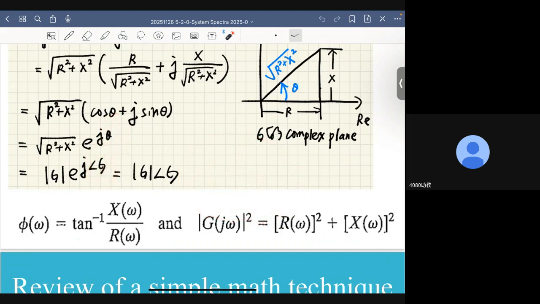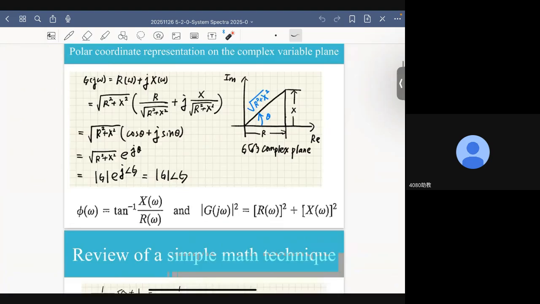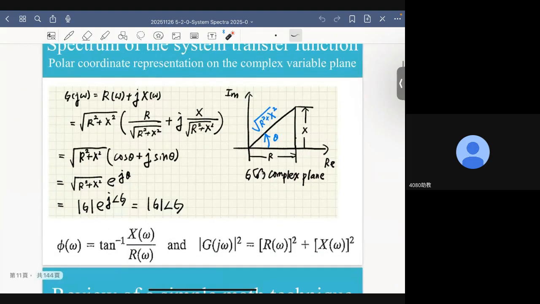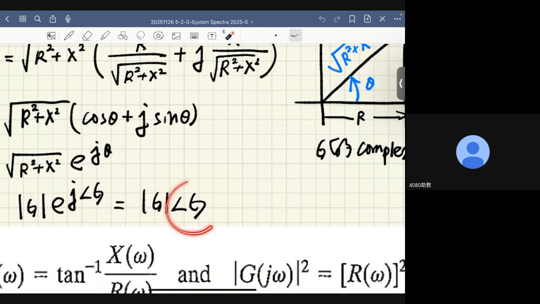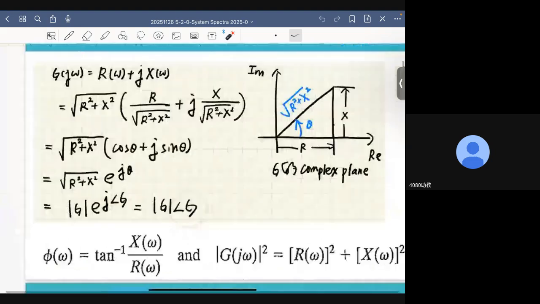Now, to make this representation even simpler, next time when we represent the transfer function, I can simply represent it as this, where this magnitude represents the amplitude spectrum, and this so-called angle of G is the phase spectrum.